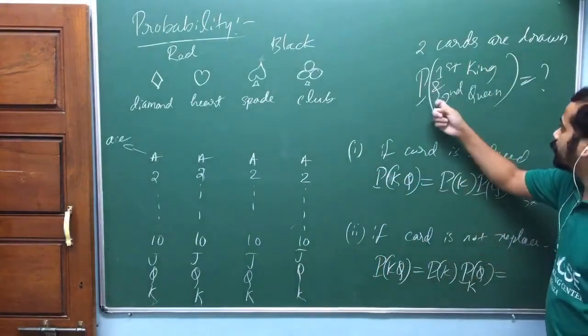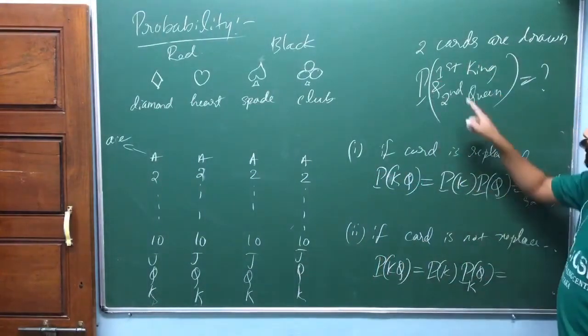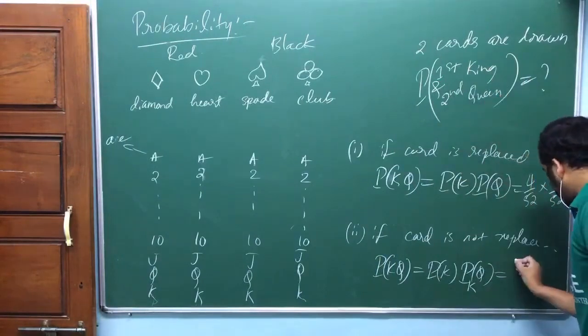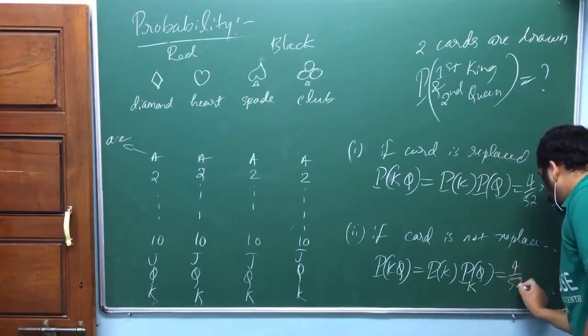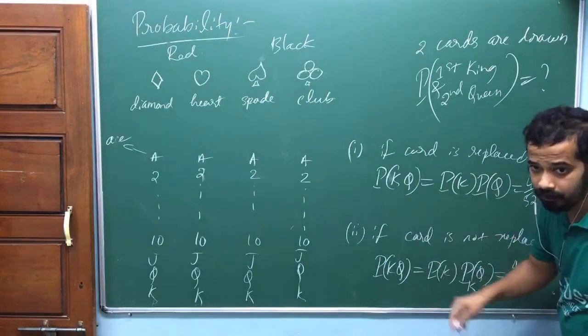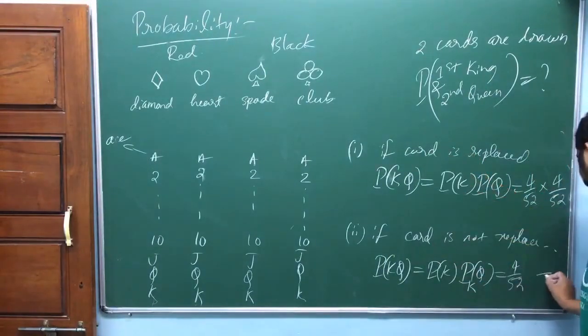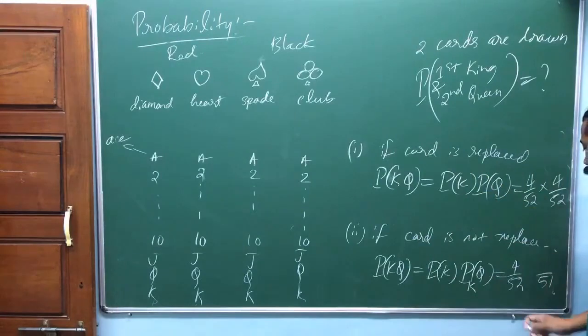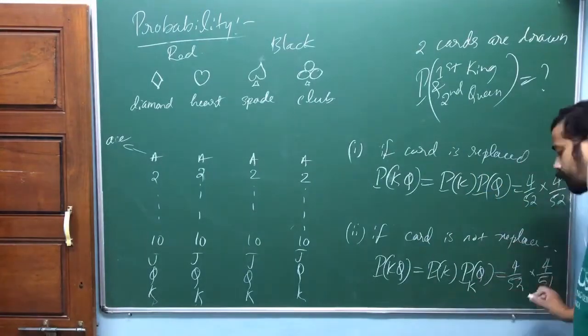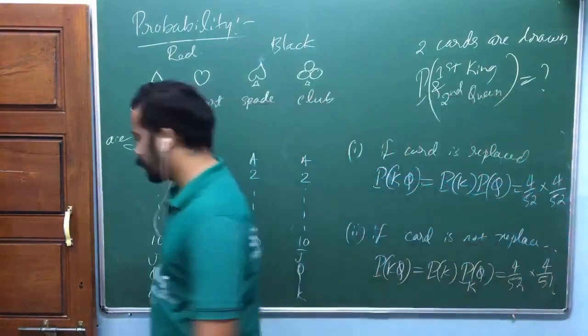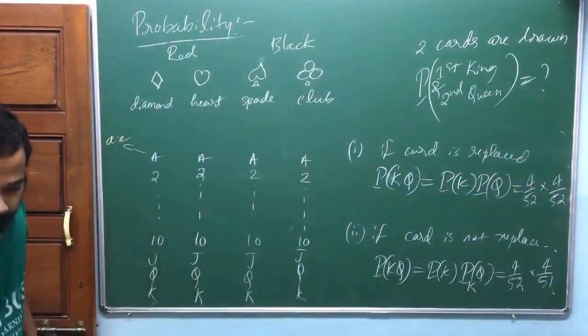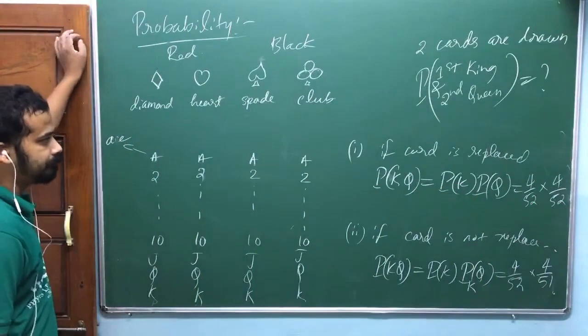What is the probability that the second card is queen? The probability that the first card is king is again 4 by 52. But you are not replacing that first card, whatever you have drawn. How many cards are left? 51 cards left. What is the probability of getting Q? That is 4 by 51. So try to apply all the theorems. I think that would be sufficient.